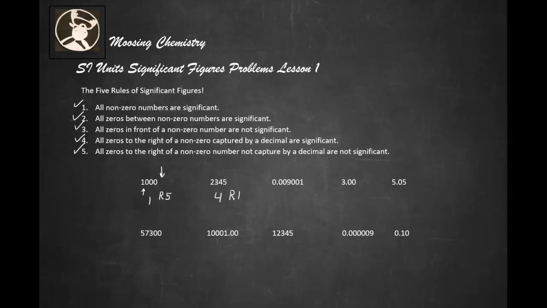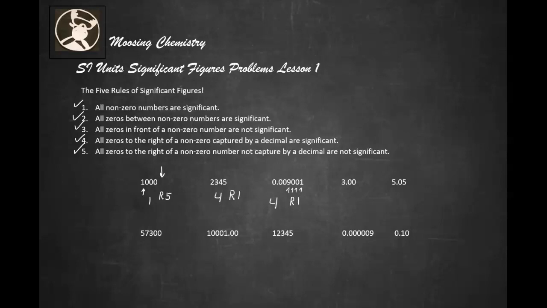Now the next one has the 9 significant, that 0 significant, that 0 significant, and that 1 significant. Well, we got a couple things here. So we got 4 sig figs here, as we call them, and a couple rules are going to play here. Rule number 1 says that all non-zero numbers are significant.